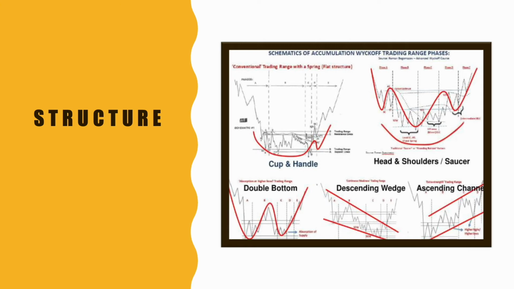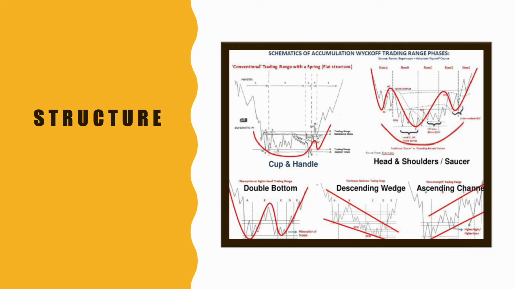But the truth is that, and I will show you in the practical charting, not every accumulation or distribution is horizontal. What you need to do is look for downward sloping channels or upward sloping channels. You need to look at bottom formations such as a descending wedge or a double bottom to assess if it is a Wyckoff accumulation or, on the other side, a Wyckoff distribution pattern, okay?